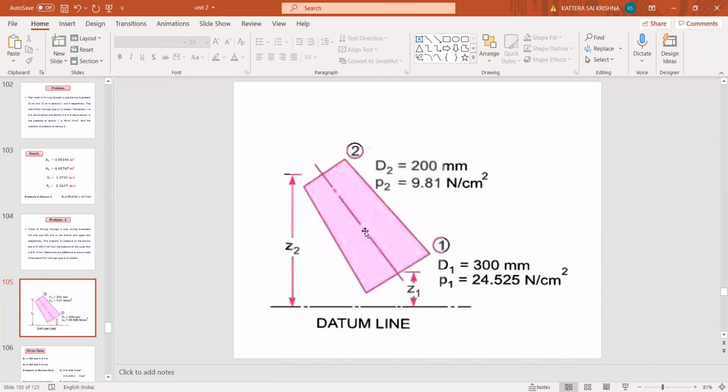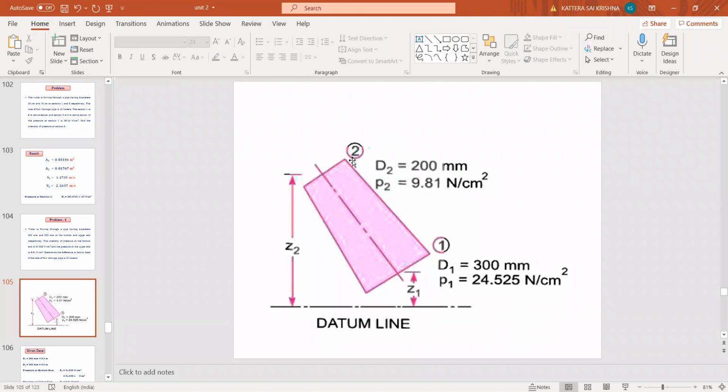Right. So this is the diagram which he has given already. This is a pipe. Water is flowing through this, and at the lower end and at the upper end he has given data. At the bottom end, diameter D1 is 300 mm and pressure P1 is 24.525 Newton per centimeter square. This height Z1 is not given.